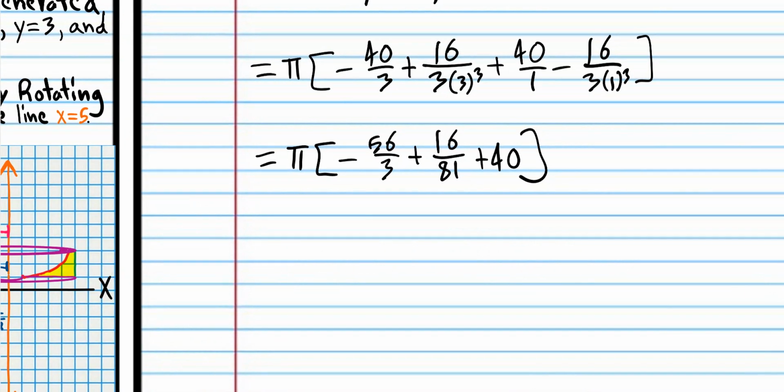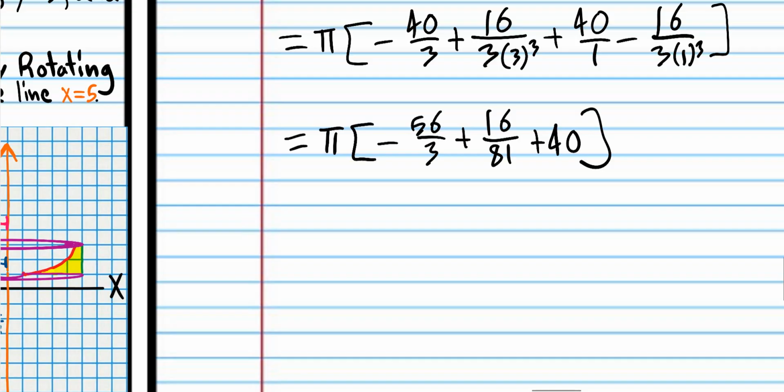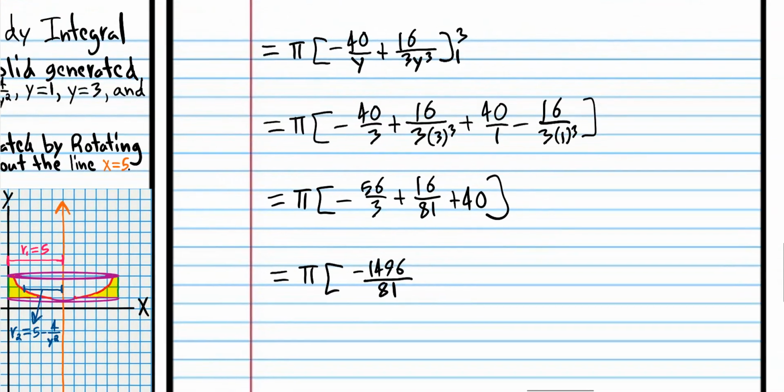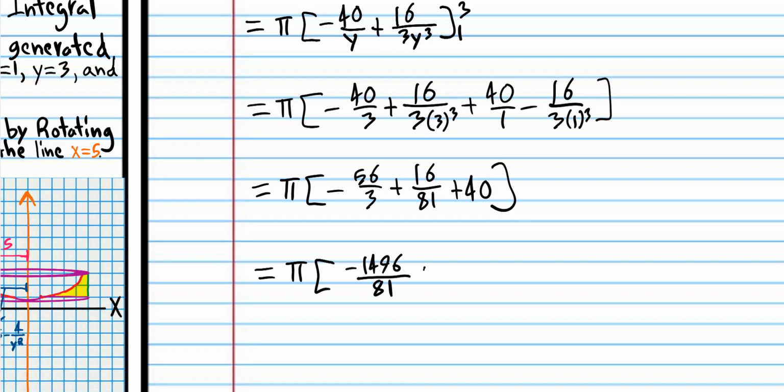So we can combine this. I know it's kind of a hassle, but it's better to write an exact answer if you can. So it looks like we're going to get negative 1,496 over 81 plus 40 all times pi.